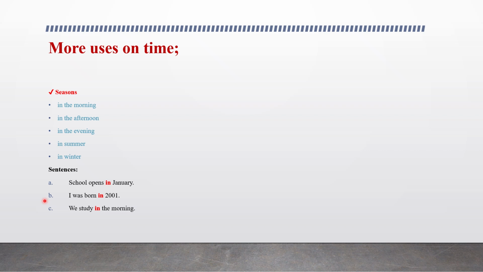We are not so sure if it is in 2001 January or maybe in August or December. All we know is that I was born in that specific period of time in 2001. 2001 has 12 months, so we are not so sure of the exact month when he was born.